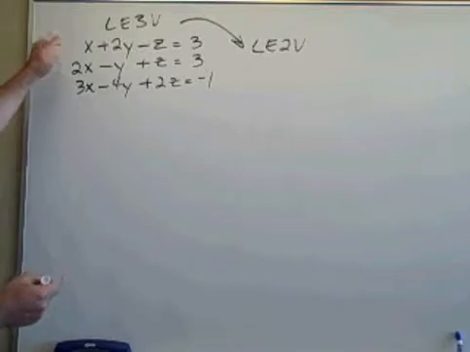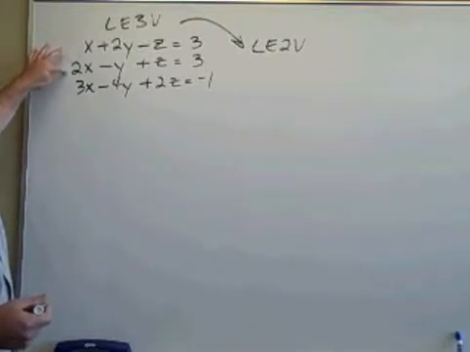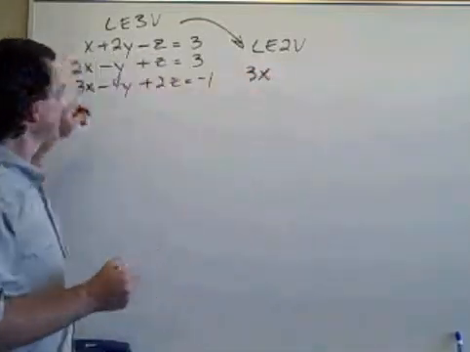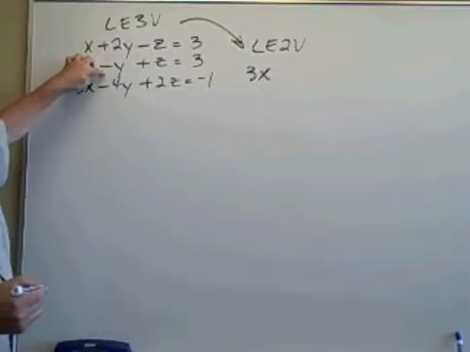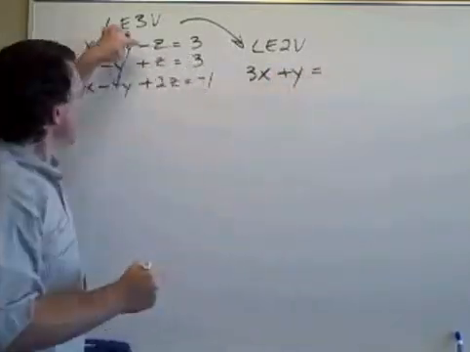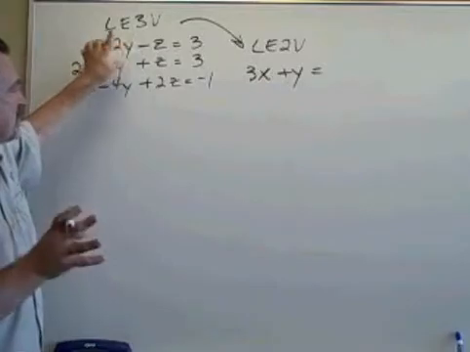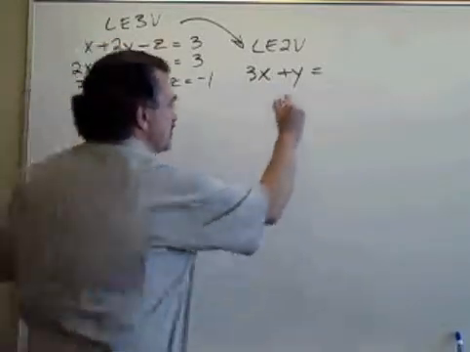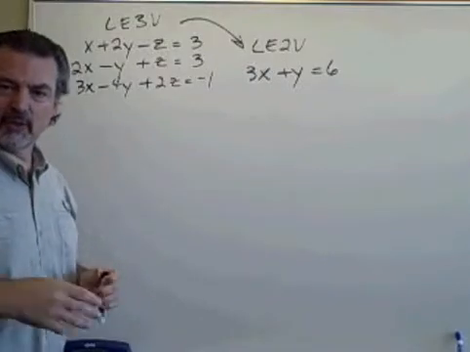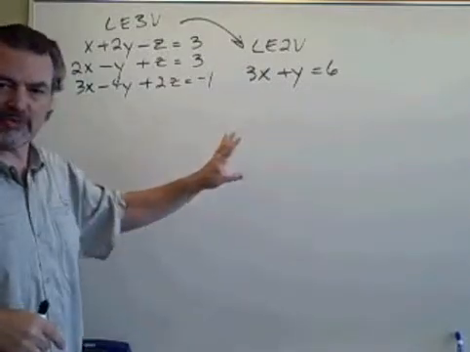So let's do that. If we add equation 1 to equation 2, x plus 2x gives me 3x, plus 2y minus 1y gives me plus y. The z terms cancel to 0, and 3 plus 3 is 6. And I have created a new linear equation in the 2 variables x and y.